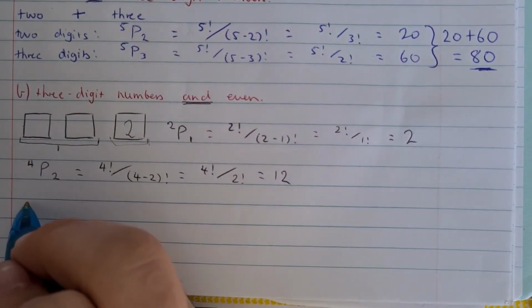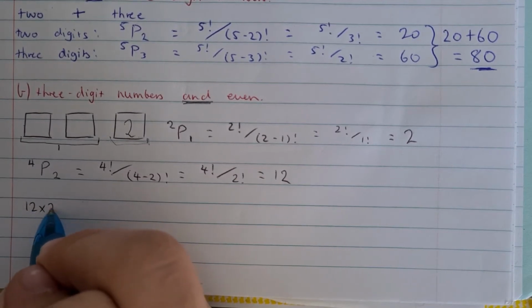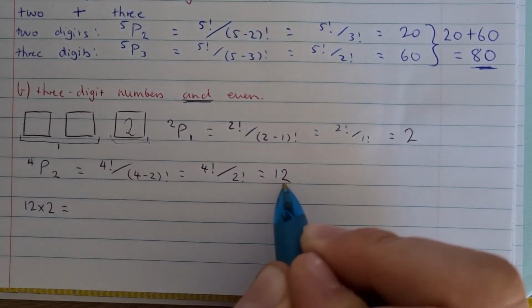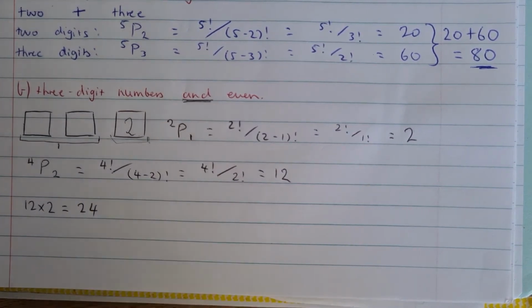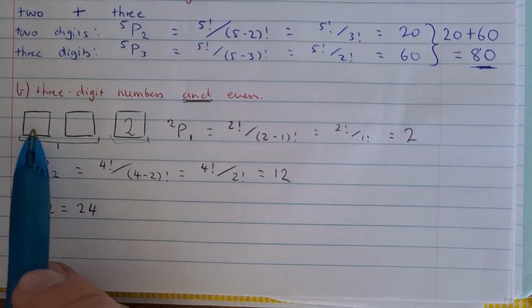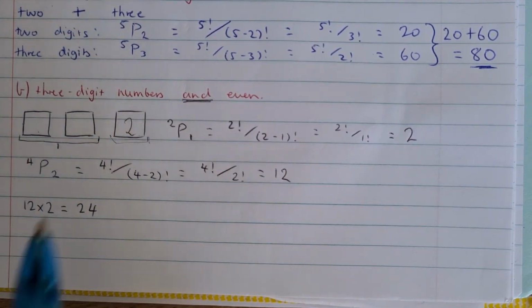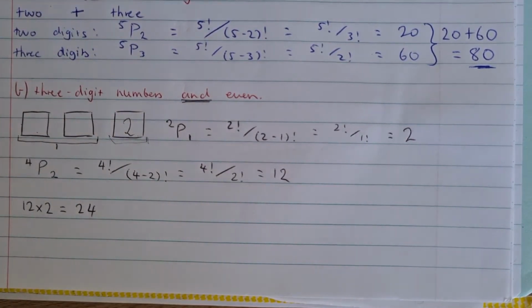So in total, we're going to have 12 times 2. We're multiplying these 2 numbers together, and that gives us 24. So there's 24 different arrangements where we can have a 3-digit number and it's even.